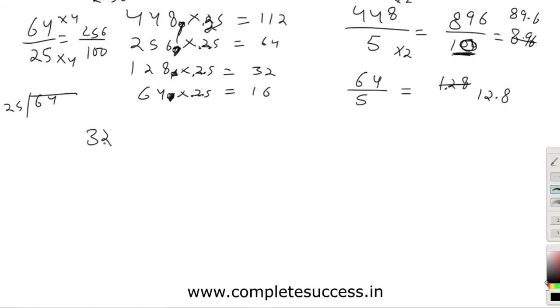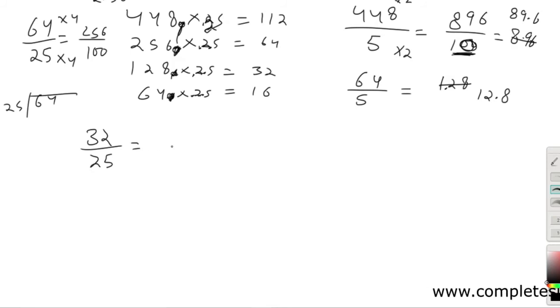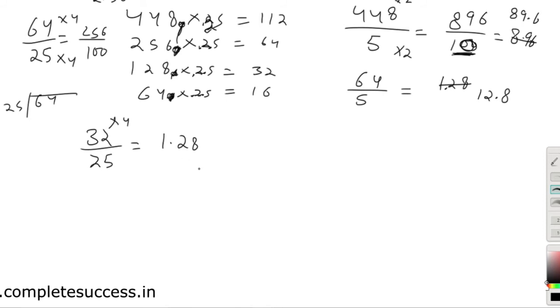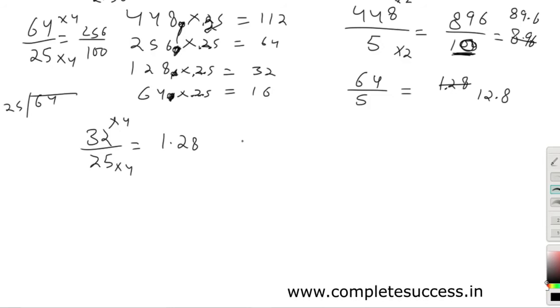So 32 divided by 25. So what is your answer? Easy to calculate. Simply multiply this with 4 and after two digits have a decimal. Is it clear? Because it will become 128 by 100, which will be 1.28.